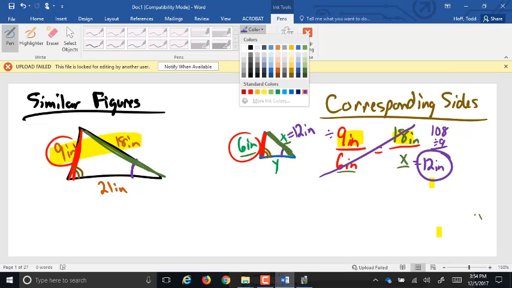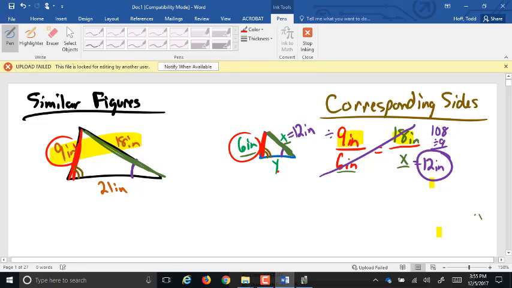Now we are still looking for side y here. We can use the same setup. 9 inches still corresponds to 6 inches. Does the y go on top or bottom? Is it from the triangle that contains the 9 inches or from the triangle that contains the 6 inches? From the 6 inches, so it goes on bottom.